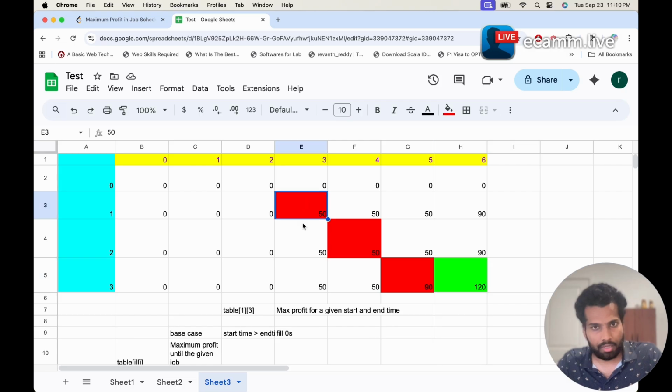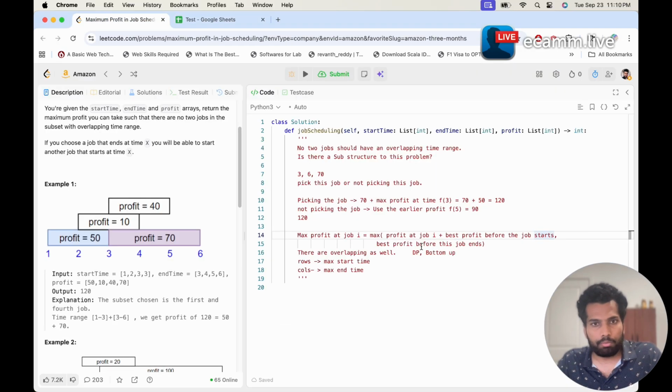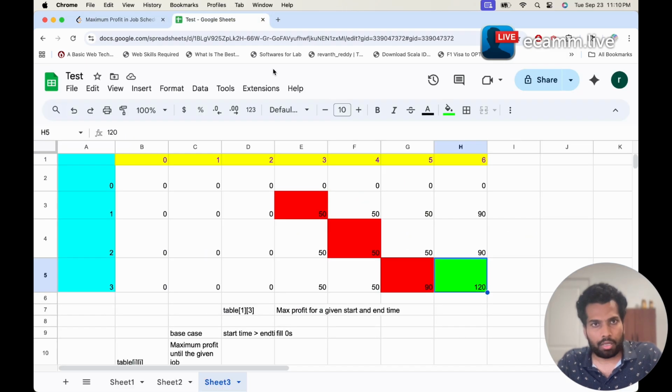It is 50. So if we decide 50 plus 70, it's 120. If you do not schedule the job, it's 90. If you schedule the job, it's 120. So we definitely choose 120, because our equation states that we have to choose the max of both the choices.